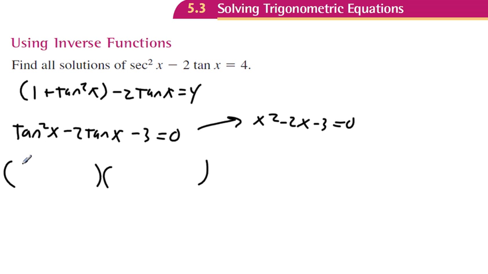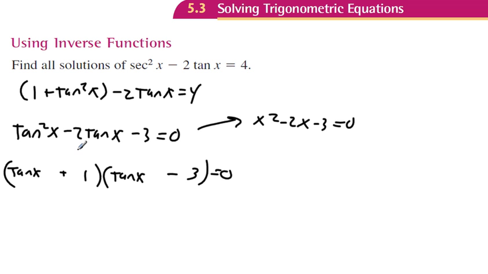So I know that my first two terms must give me tangent squared. So tangent of x, tangent of x. And I know that these two terms must give me 3. So 1 and 3. Let's see, in the middle, I need a negative 2 tangent x. So tangent times 3 will give me a negative 3 tangent, and then tangent times 1 will give me a positive. So negative 3 plus 1 will give me my negative 2 right there.